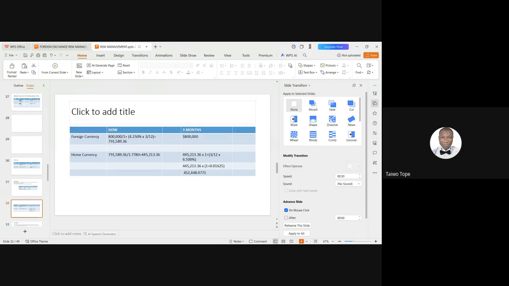I've simplified it here. 3 over 12 multiplied by 6.500% gives you 0.01625. So 0.01625 plus 1. The rate will always be 1 plus R. So 1 plus the rate gives you 1.01625, multiplied by the actual amount you deposited, and it will give you this.